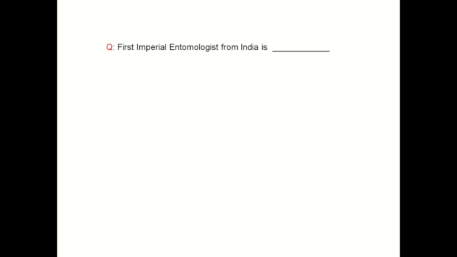First imperial entomologist from India is Hem Singh Pruthi. Insect body wall is also known as integument or exoskeleton. Silent Spring is an environmental science book authored by Rachel Carson.